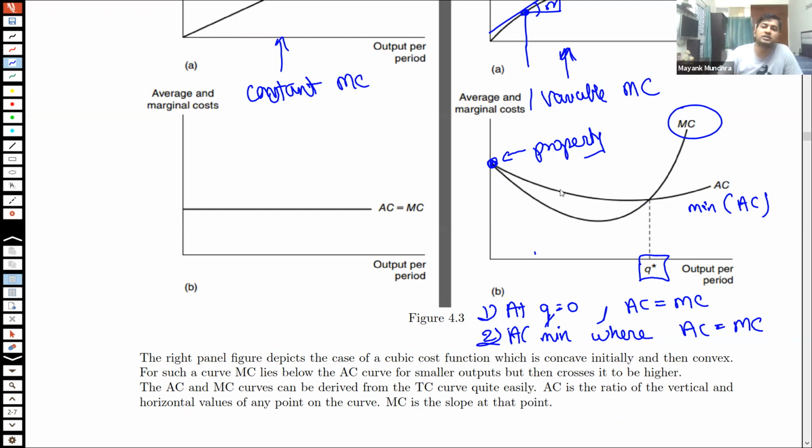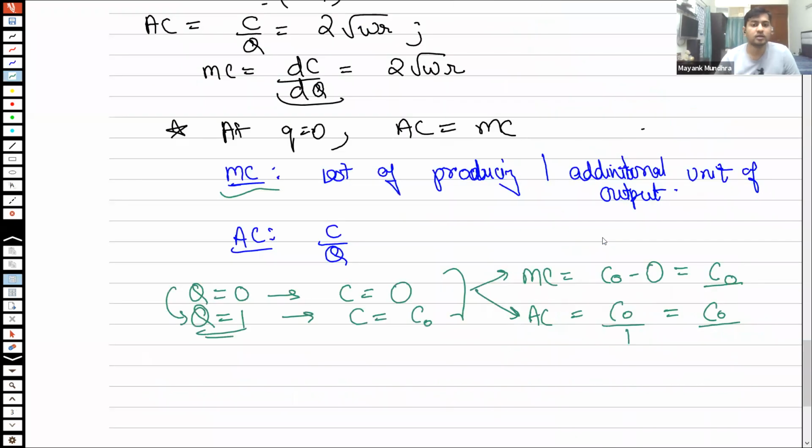So the reason for this is that for all quantities less than Q star, your marginal cost is below the average cost curve. Okay.